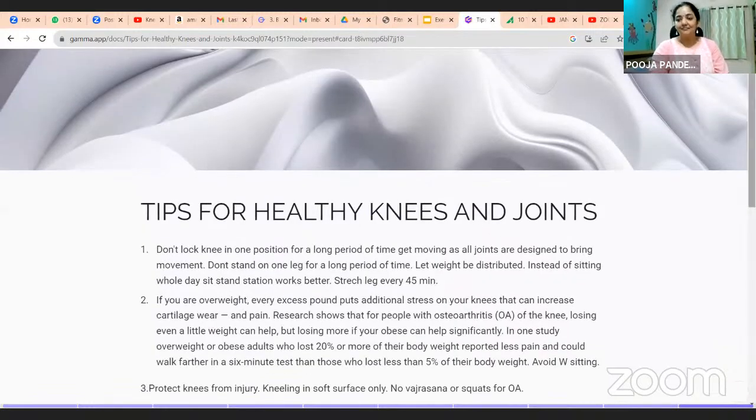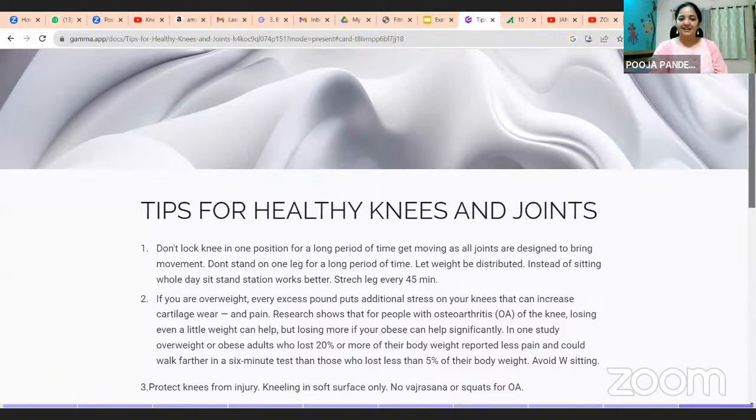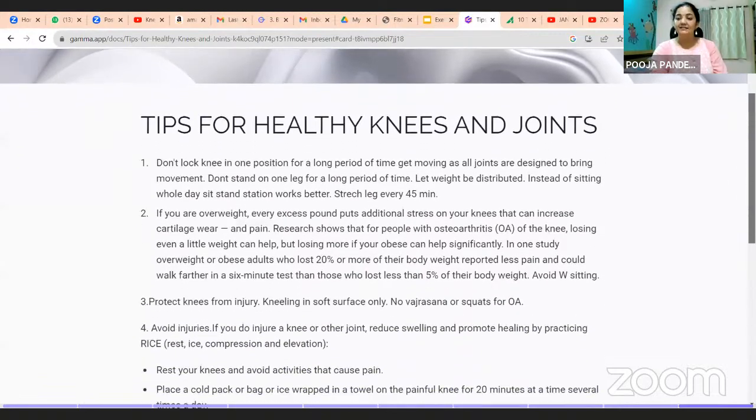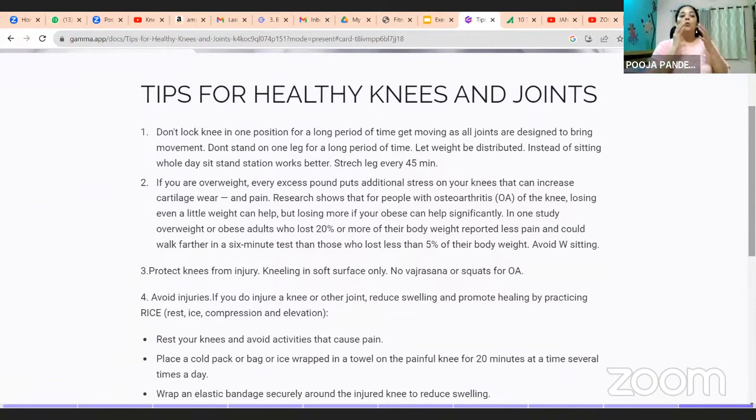Now the last slide, which is very, very, very important. I have basically condensed whatever I have been saying. One, tips for healthy knees and joints. Very important is don't lock the joint in one position for a longer period of time. That's why when we go on flights, go for long travel, or sit in front of the computer for a long period of time, we feel stiff and sore, because our joints are designed for movement and mobility.